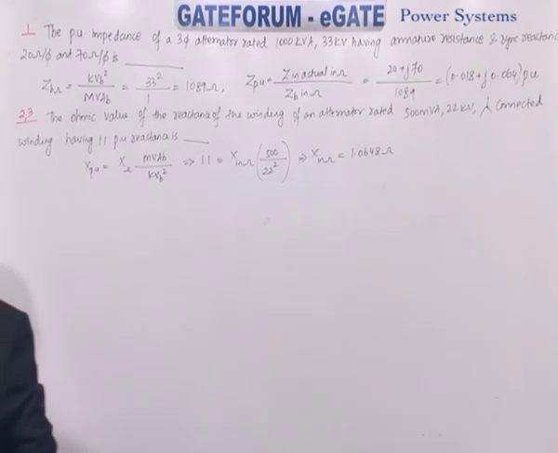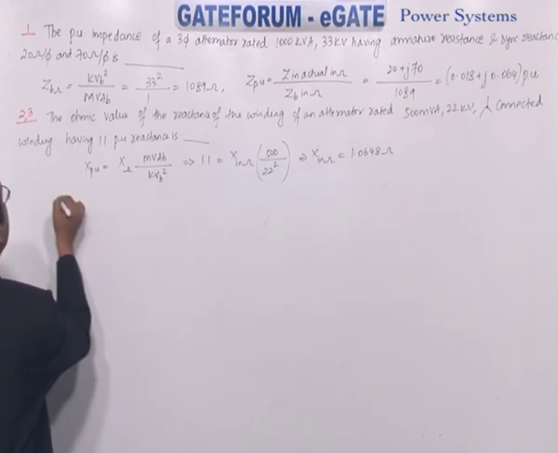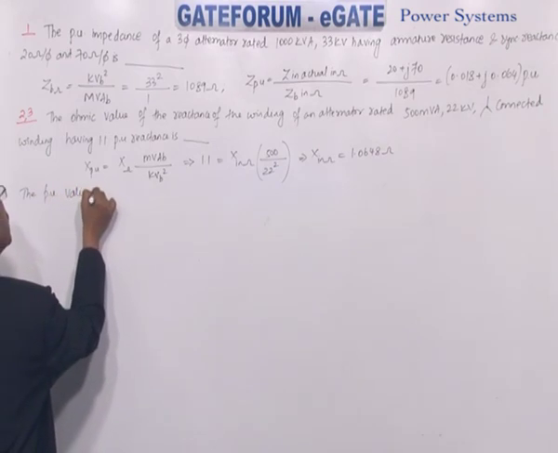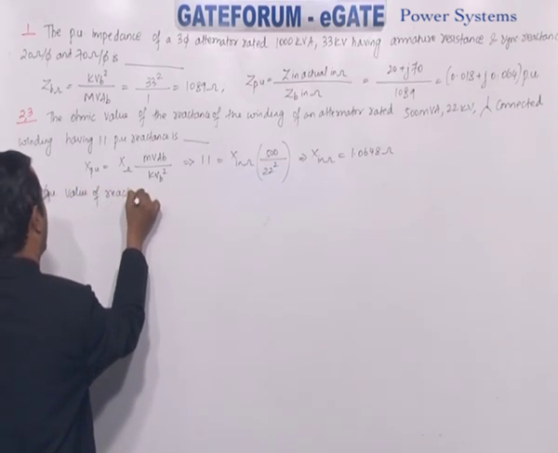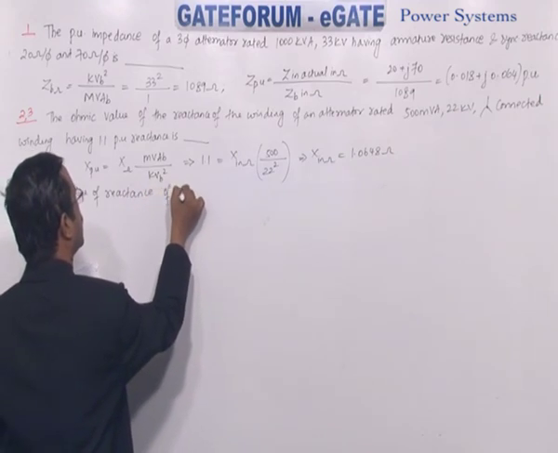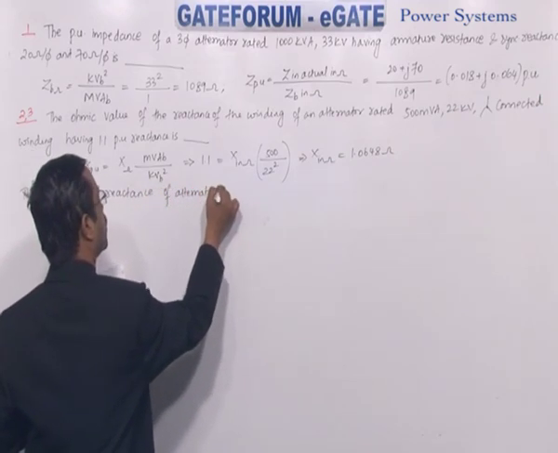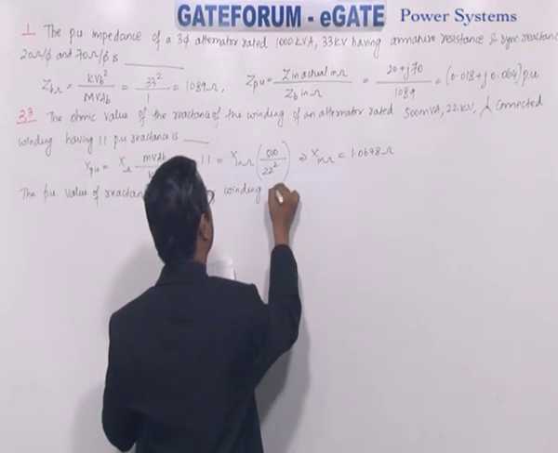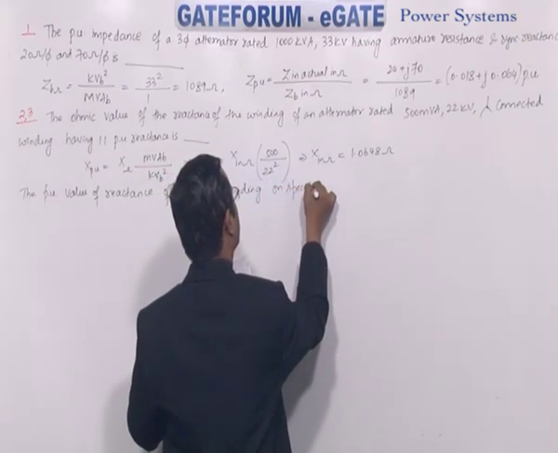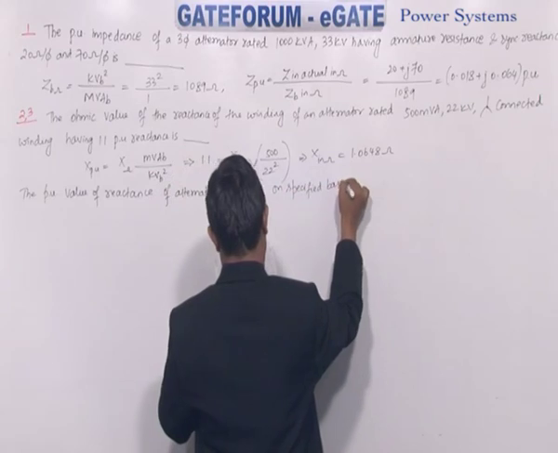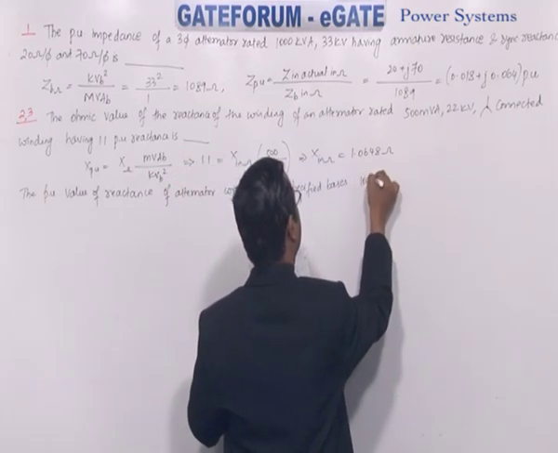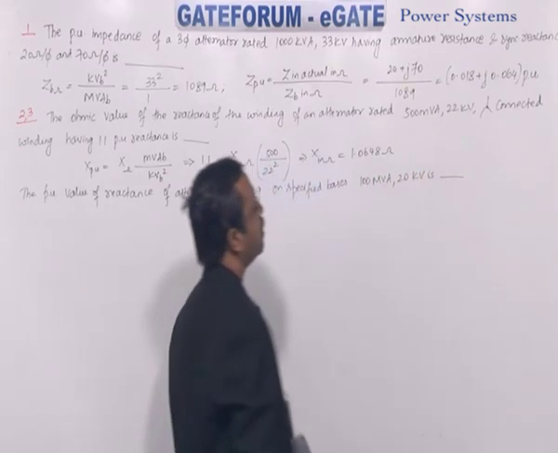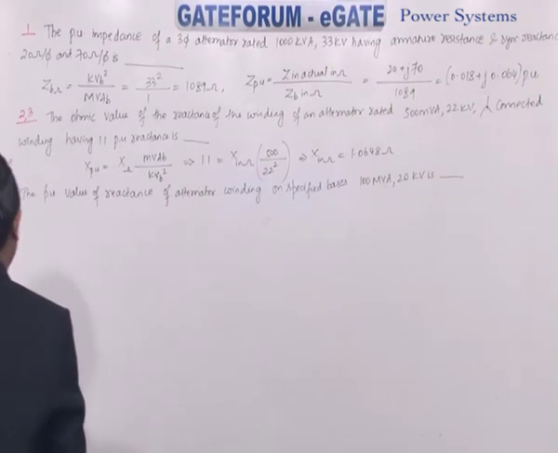Now the continuation question is, the per unit value of reactance of alternator winding on specified basis (100 MVA, 20 kV) is.